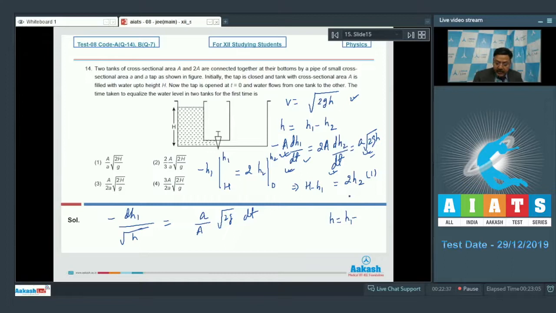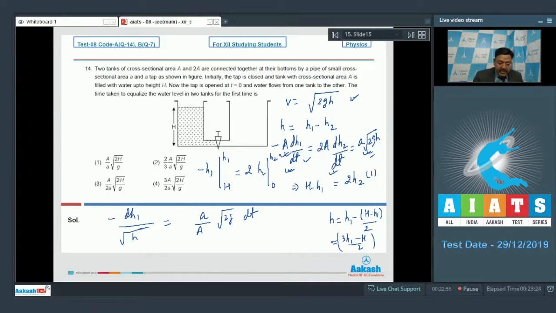So h2 can be written as capital H minus small h1 by 2, and this gives us then 3h1 minus capital H by 2. That's the value of h.